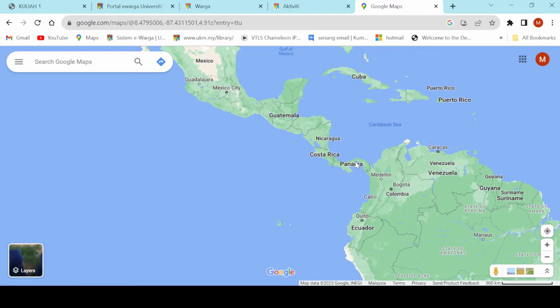Somewhere here, to build a canal here. To build a canal.